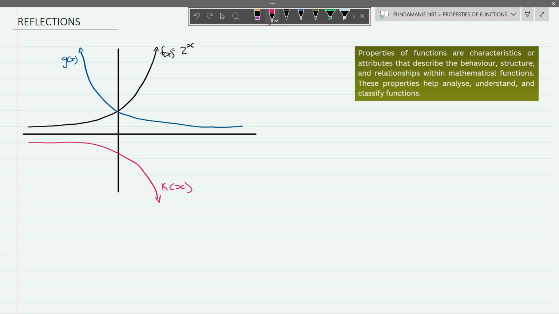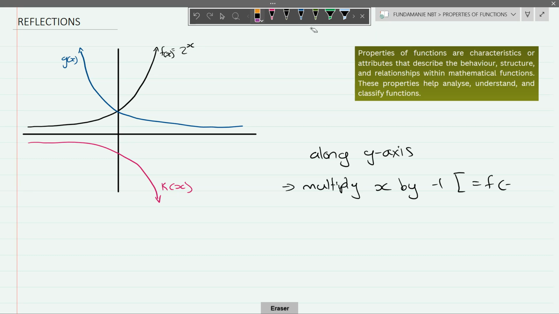Now to get from f of x to g of x, this is a reflection along the y-axis. Whenever we reflect along the y-axis, we multiply x by -1, which is basically represented by saying that the new function will be equal to the old function that you had, f of -x.